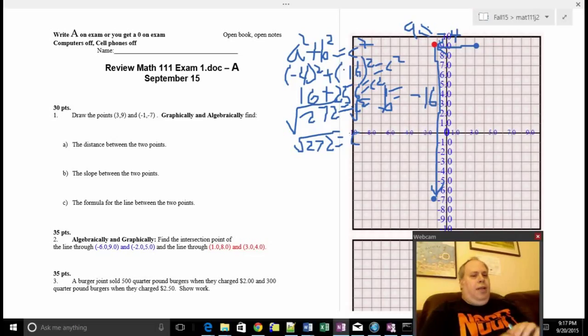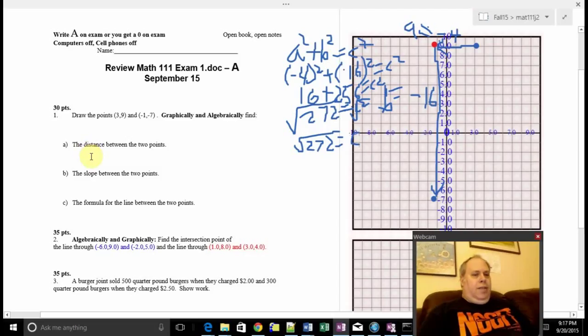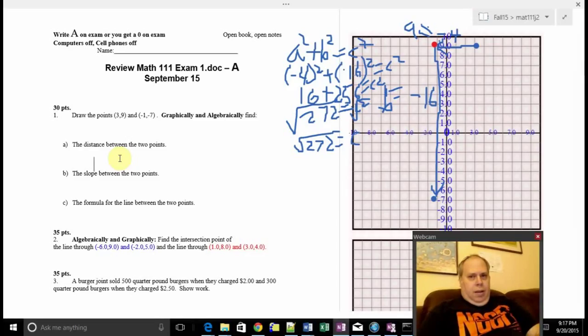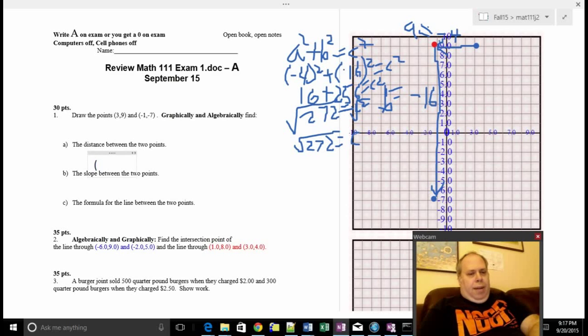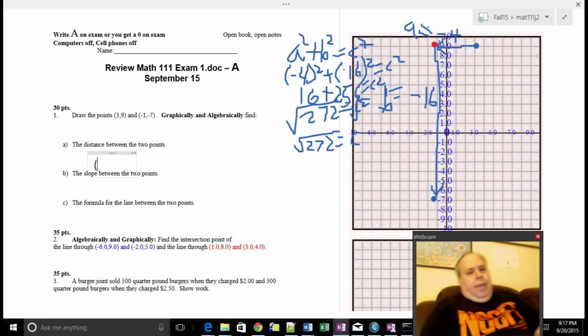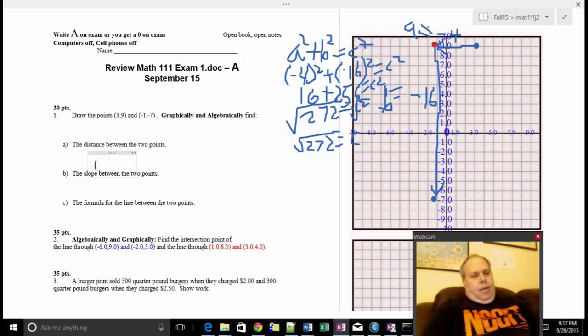Graphically. Algebraically, we use the distance formula. That is, okay, we take the square root, which in this calculator is going to be the 1/2 power, I believe, of, well, yeah, so I wonder, does that work?